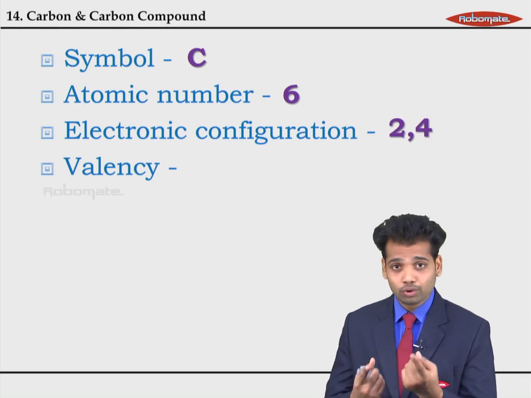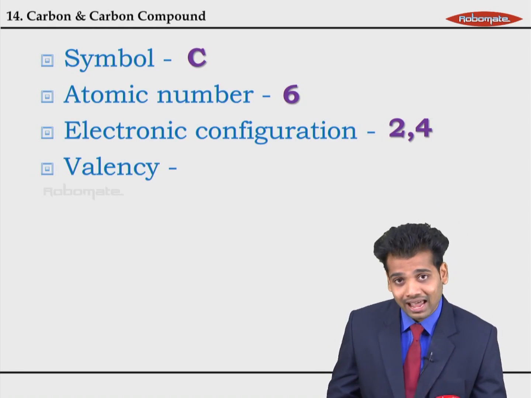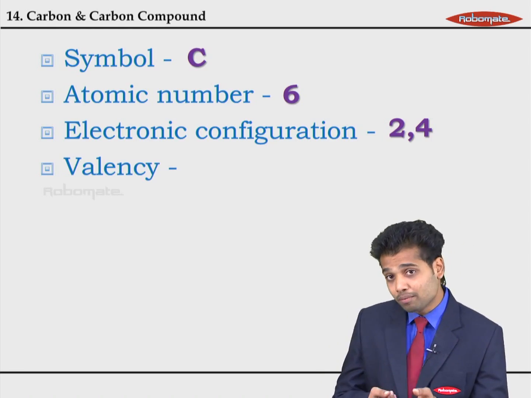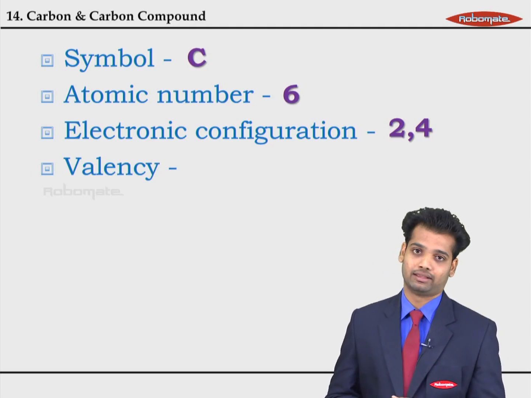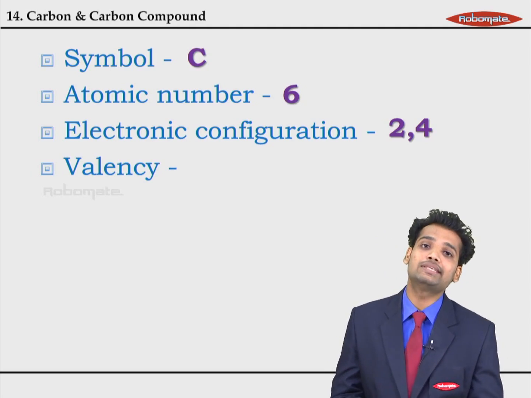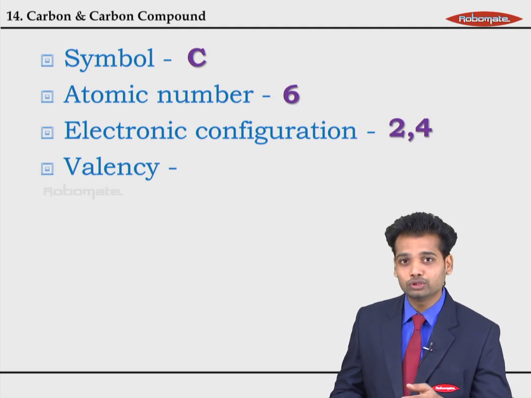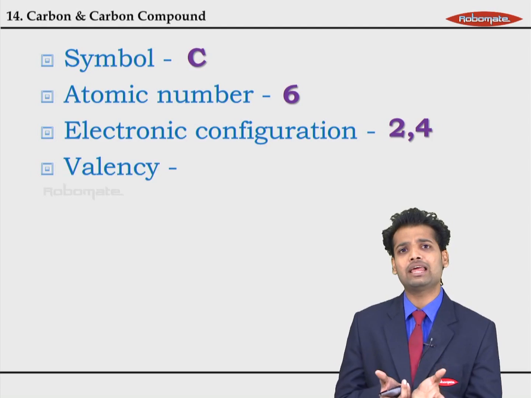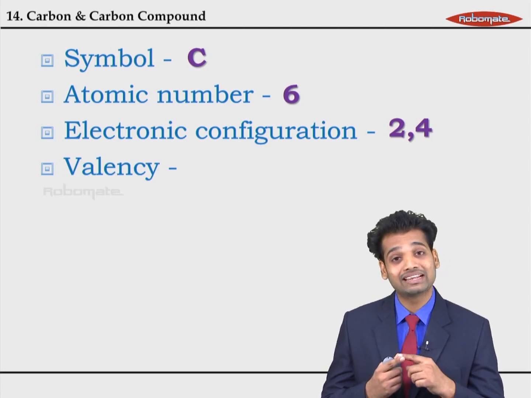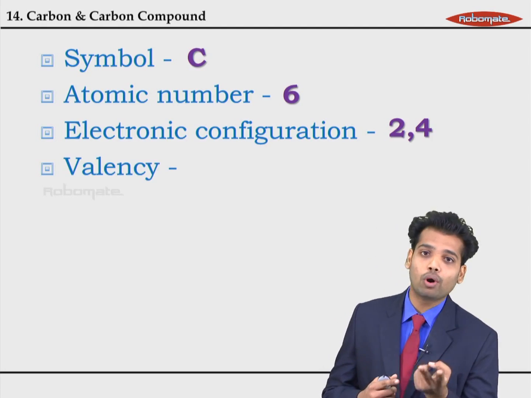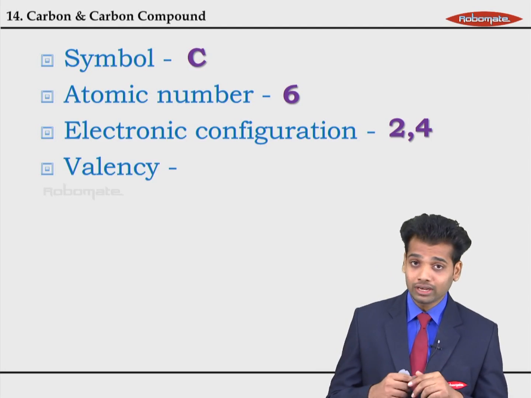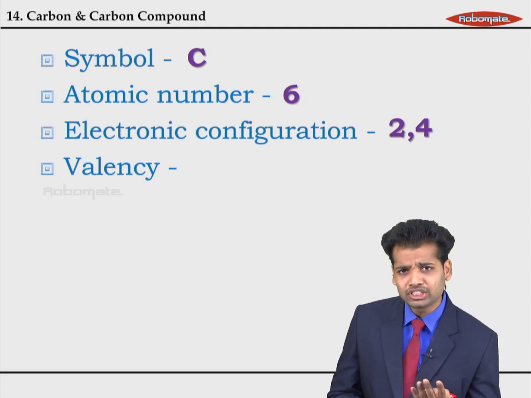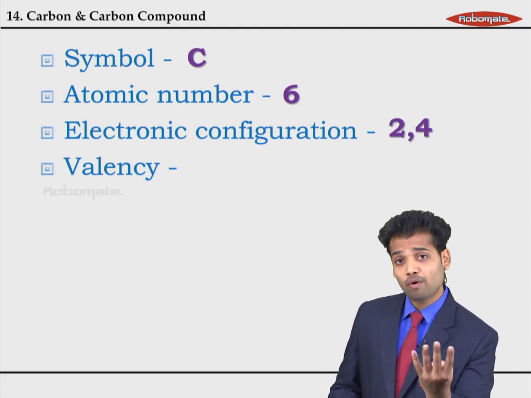So it cannot donate its 4 electrons, neither can it accept 4 electrons, because the total number of electrons will turn to 10 and the protons will still remain 6. Now the 6 protons are not able to hold on to these 10 electrons. So it neither can donate nor accept its electrons. So what it does, it shares its electrons. By sharing, I mean it shares its 4 electrons.